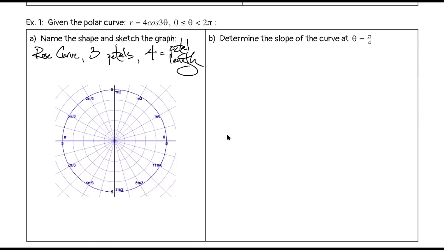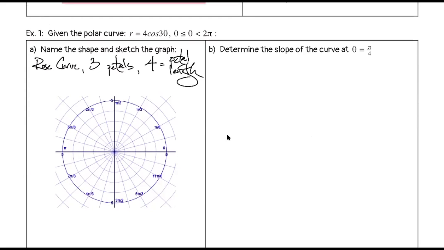Now here's where the symmetry comes into play, because I don't want to set up a table every single time I want to graph. I know there are 3 petals. I see the cosine, so I'm thinking it has symmetry about theta equals 0. That means my first petal has to be along theta equals 0 if I'm going to have symmetry about it.